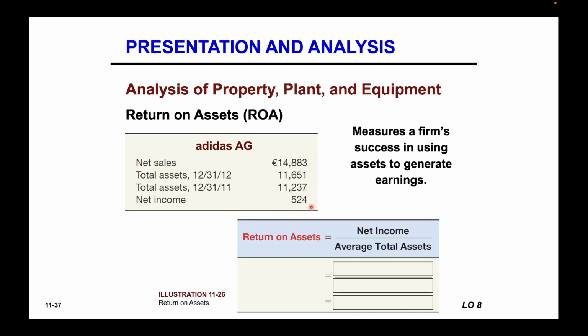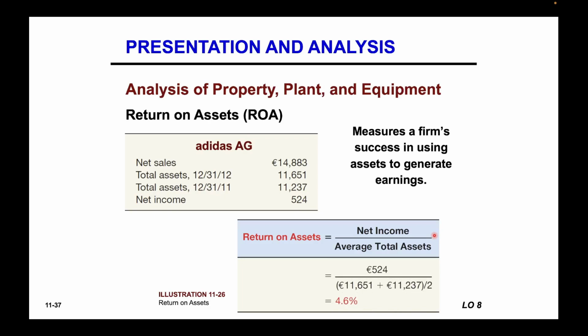Total asset at the end, total asset at the beginning, and to calculate the return on asset, we will use the formula of net income divided by average total asset. Average total asset we calculated from our previous slides: the beginning plus ending divided by 2.